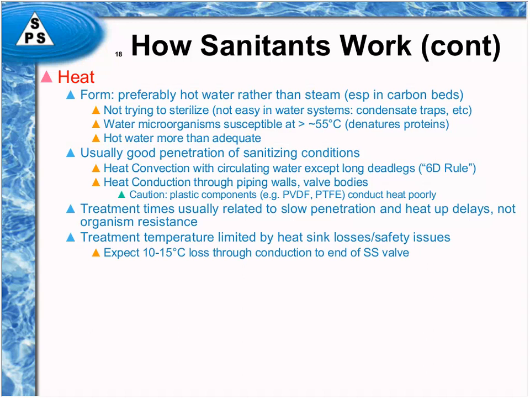And when you figure 10 or 15 degrees of heat loss, and you know what temperature the organisms are susceptible to, you can see how you might need to have a pretty hot sanitizing water condition in order to make sure that the downstream sides of stainless steel valves are also at a sanitizable condition.